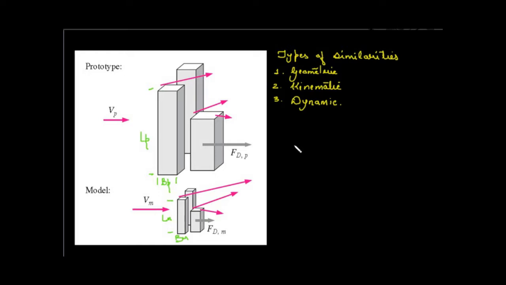Now, in order to say that they are geometrically similar, the condition is that LP upon LM should be equal to BP upon BM, should be equal to LR. This LR is called the length ratio.